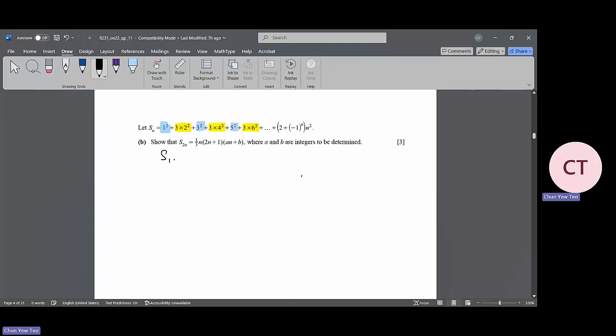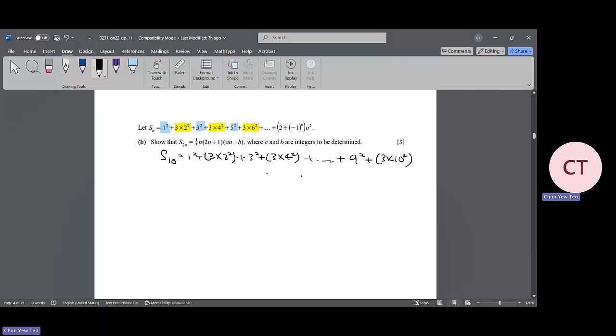So let's say we have S10. S10 is actually 1 squared plus 3 times 2 squared plus 3 squared plus 3 times 4 squared, until 9 squared and 3 times 10 squared.